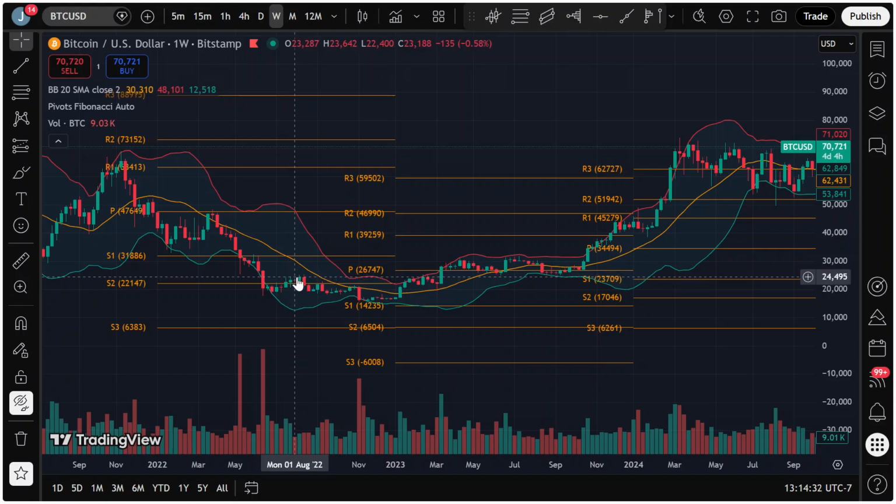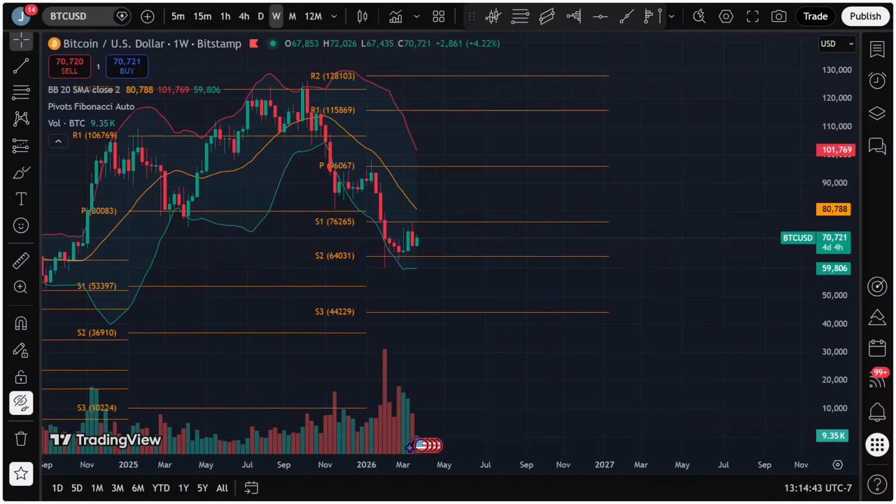But again, that's a lower high that's literally 50% lower than this one was. So that's what you need to prepare yourself for mentally, is even if we do get here to 80K, that means by July of this year, the lower high might be 40K, might be 44K, before further capitulation.